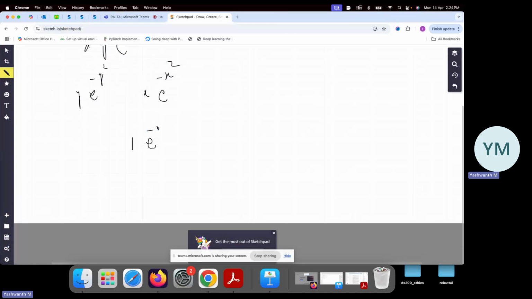So that is minus 2x, and this is 0. So one solution is y equal to 0, and the other solution is 2x squared equal to 1.